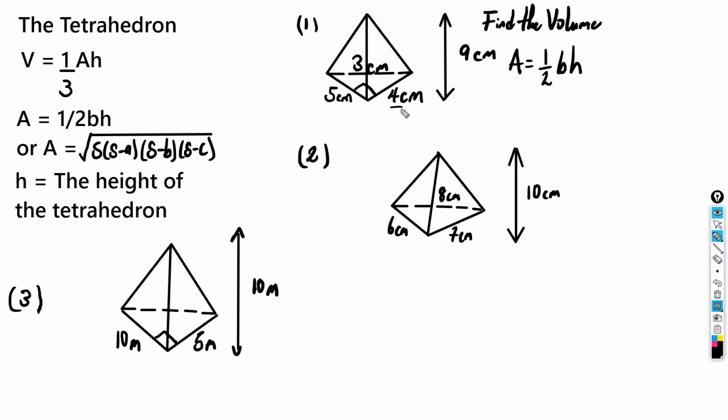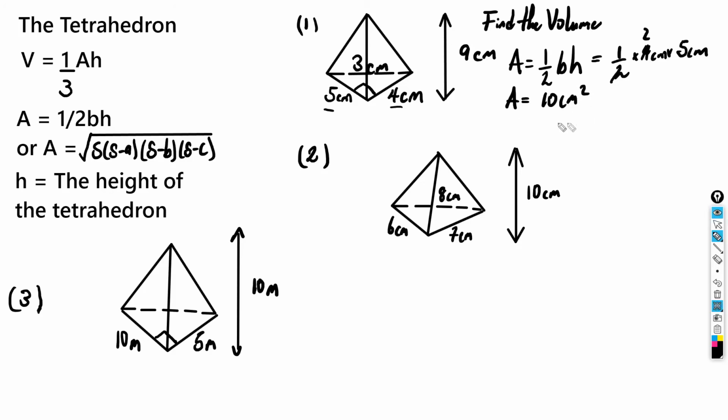So the base is 4 centimeters and the height is 5 centimeters. Cool. So this should end up being a half multiplied by the base, which is 4 centimeters, multiplied by the height, which is 5 centimeters. All right. So the area should end up being 2 goes into 4 2 times, so it should get 10 centimeters squared.